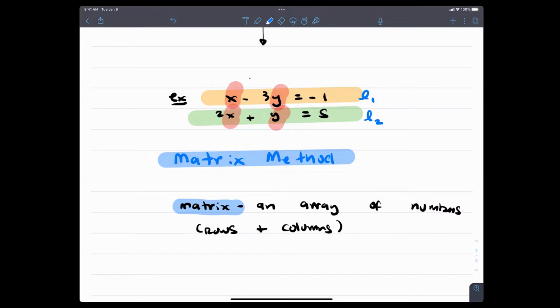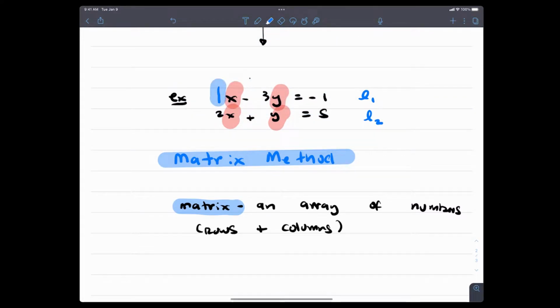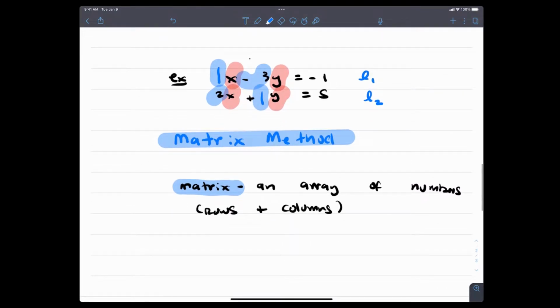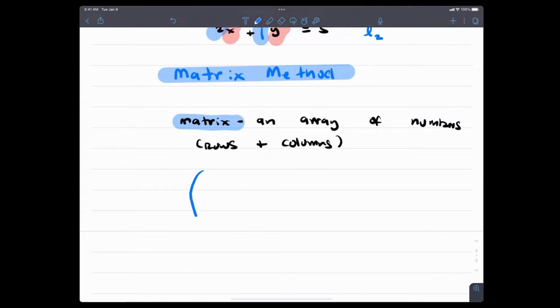Okay, so you go, well, how do I get an array of numbers out of this system? Well, you're going to use here the coefficients. What in the world are coefficients? Well, here's our coefficients, right? The coefficients are another way of saying numbers. You're going to use that number, this number, and you say, what if it's just a y? Well, put a 1 there, this number. So when I create what's called a matrix here, ladies and gentlemen, this is what it looks like.